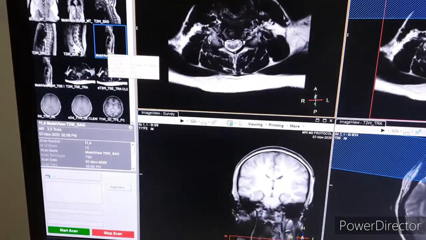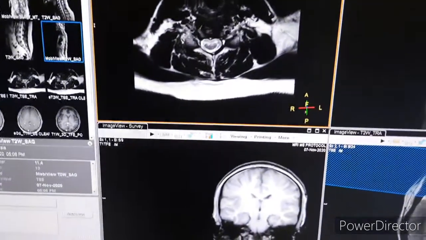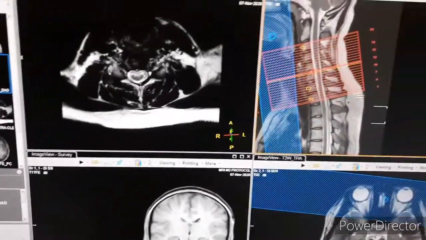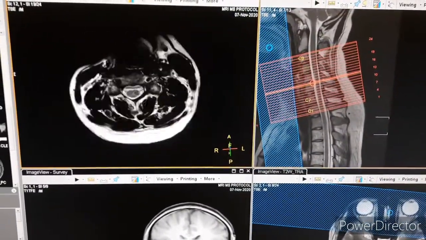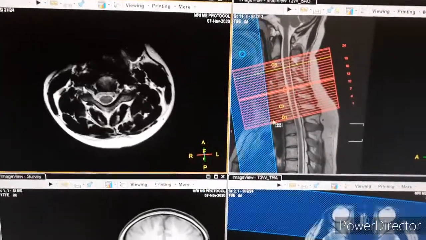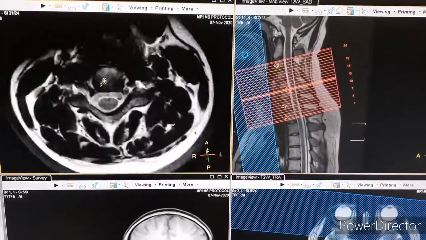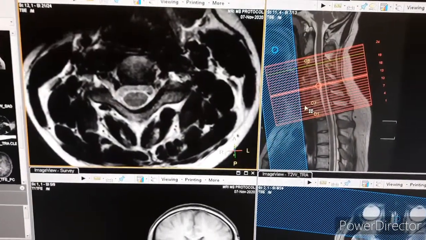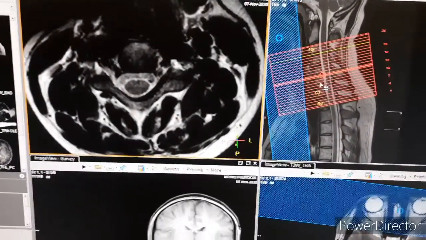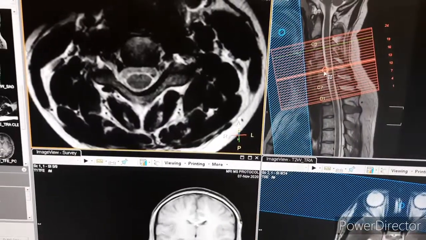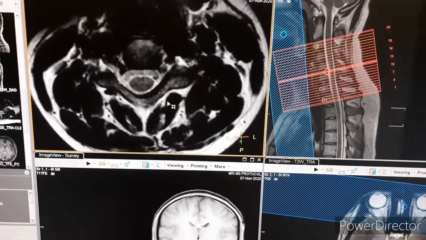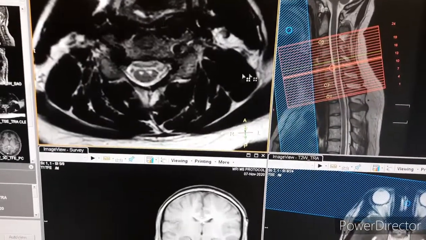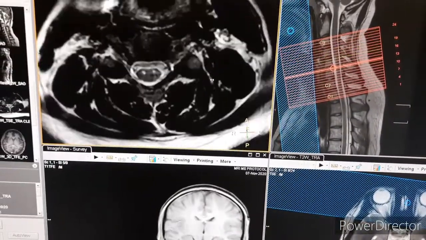Next is planning of T2 axial at the region of signal. We have taken a stack, to make sure that particular sequence we are taking has to be a stack, because we are not doing it for the disc. We have to cover the whole signal.